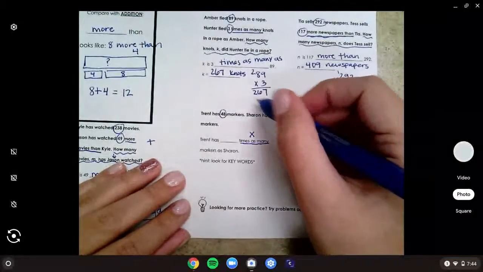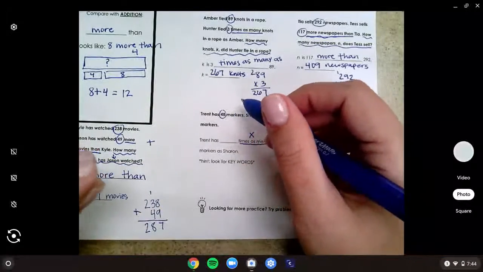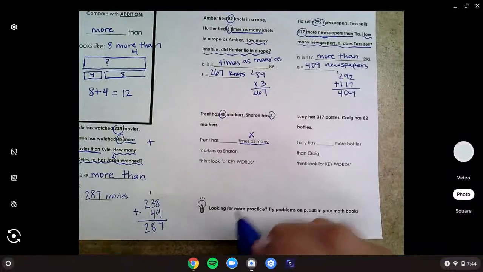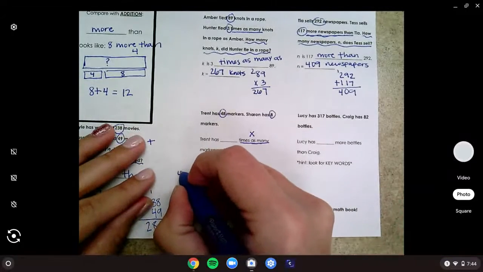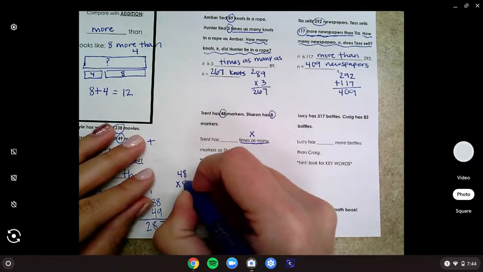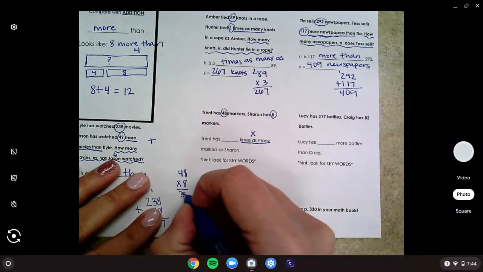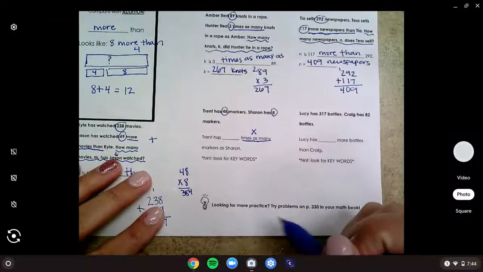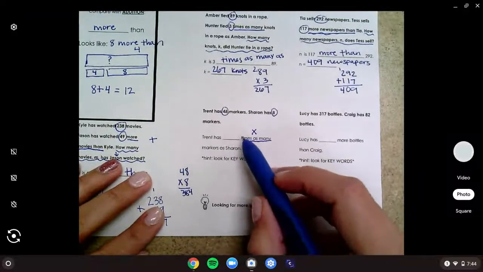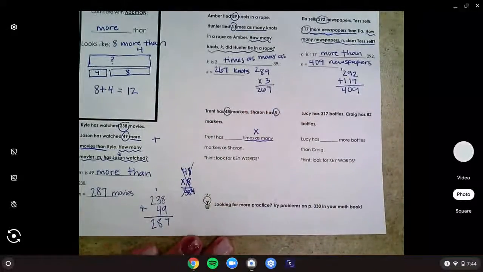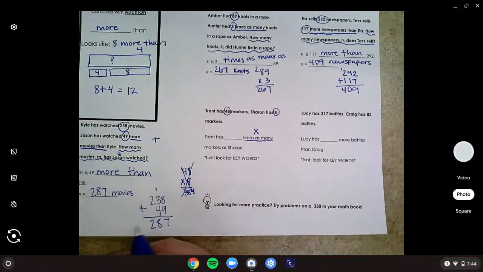Trent has more, right? So if Trent has more, we're trying to figure out how many more groups. Well, we're not going to multiply, because if we multiply 48 times 8, we would get 384. He doesn't have 384 times as many markers as Sharon, right? That's a lot more.